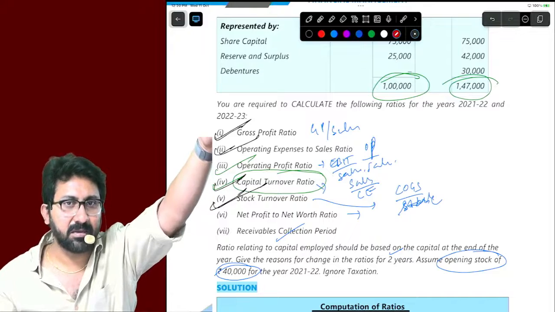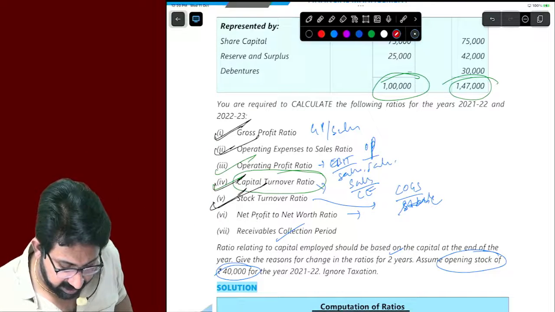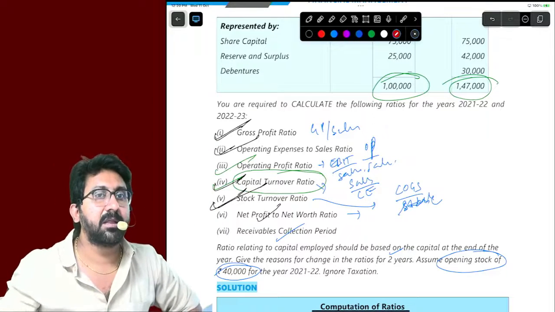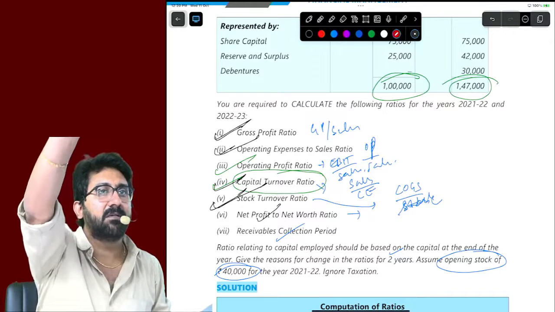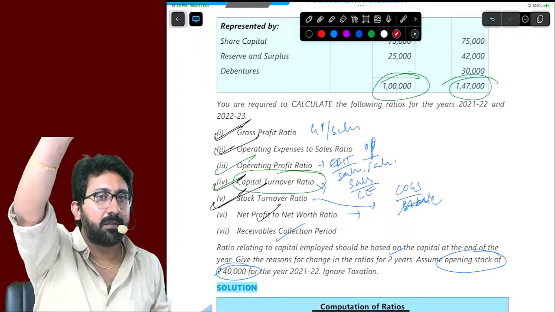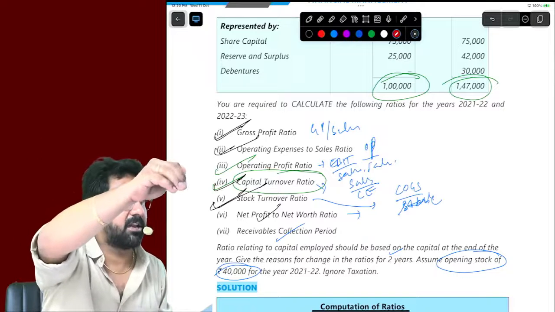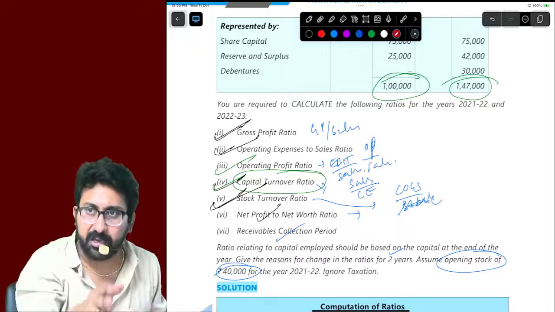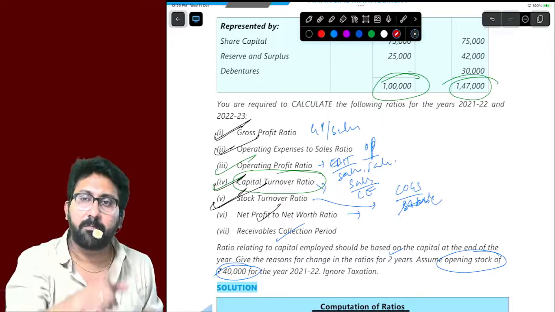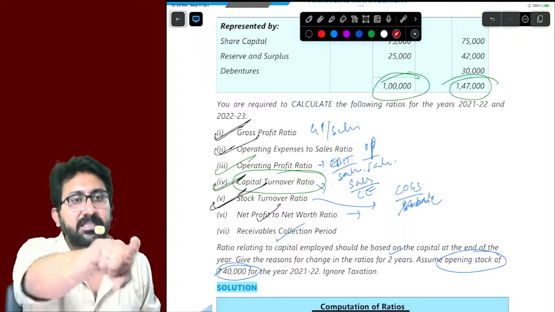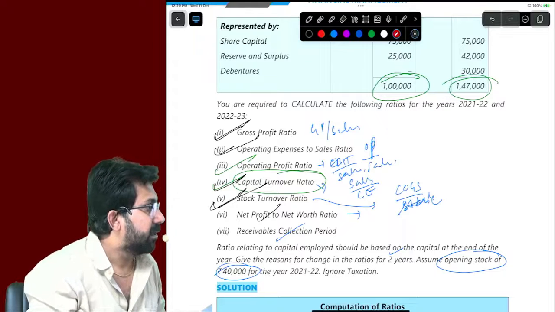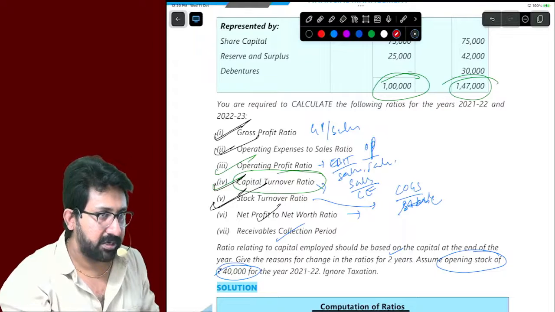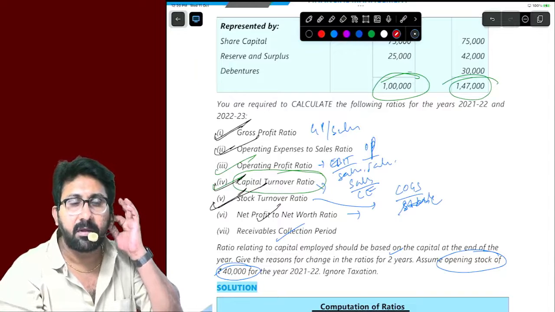Listen. When you take net profit, which one? In the question we are doing now, net profit and EBIT both are same, correct? Why? There is no interest cost given in the question, and tax is also not given.